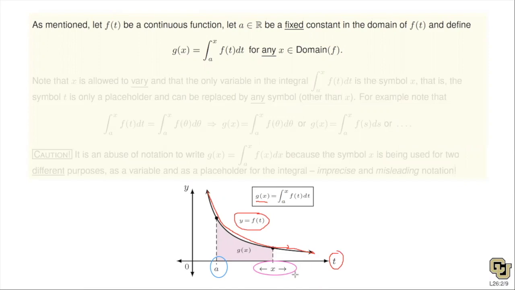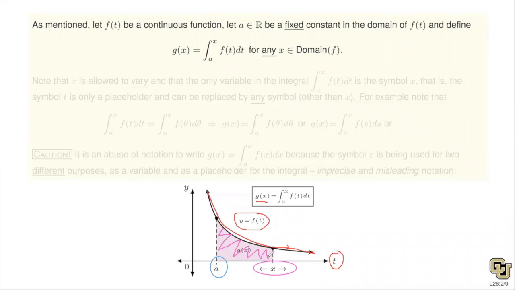And for any fixed choice of x, so suppose I say x equals 2, then g of 2 would represent this area in this case, because the function's positive. G of 2 would be the area between a and 2 under the function f.